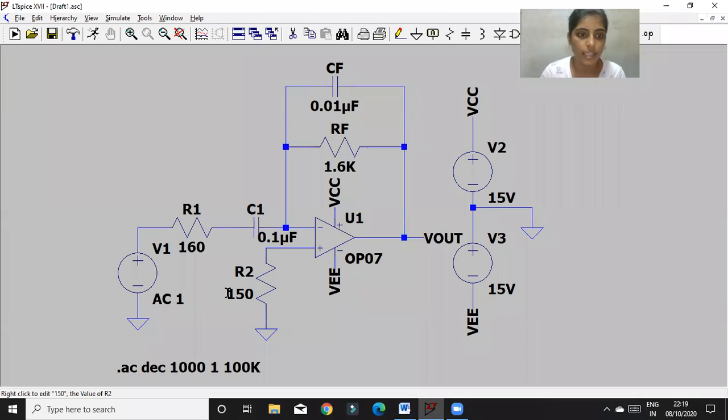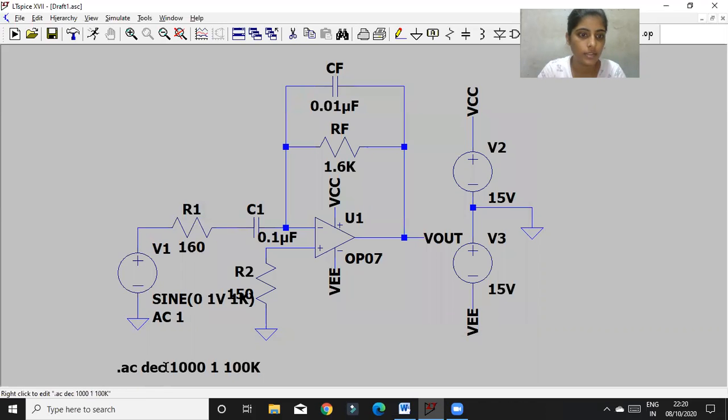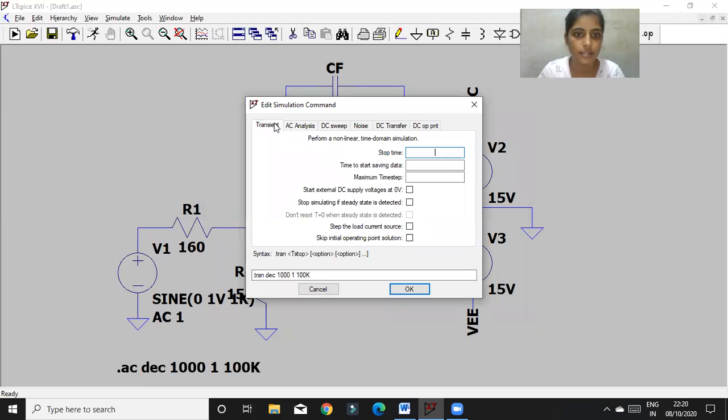Let's check another one with a sine wave. I change the input here. I select the sine where offset is 0, my amplitude is 1 volt, and my frequency is let's say 1k. Enter. For this I added the simulate command, where I select transient, and let's say my stop time is 10 milliseconds.